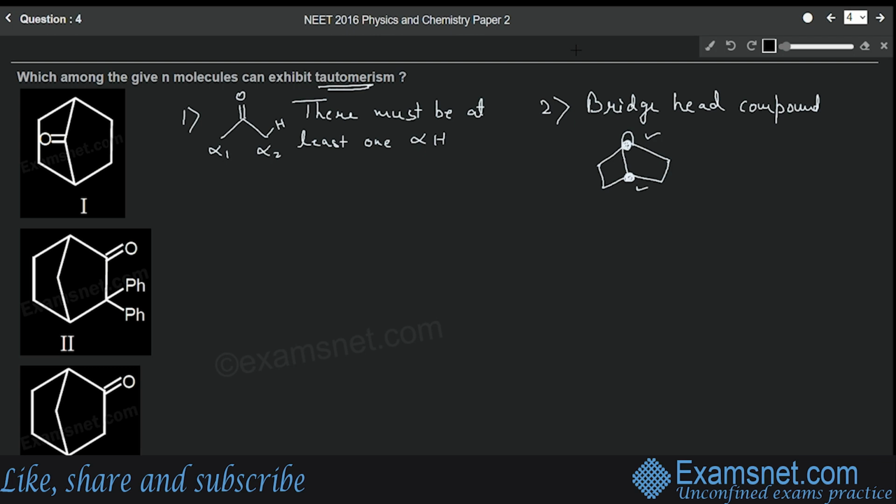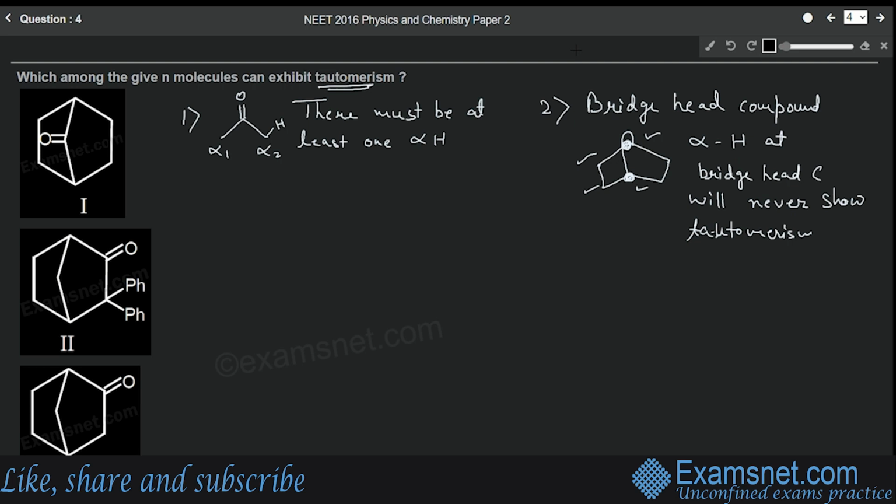So the point to remember is that alpha hydrogen at bridgehead carbon will never show tautomerism. If the alpha hydrogen is present at any other position, let's say at this position or this position, then tautomerism can be exhibited, but not at bridgehead carbon.